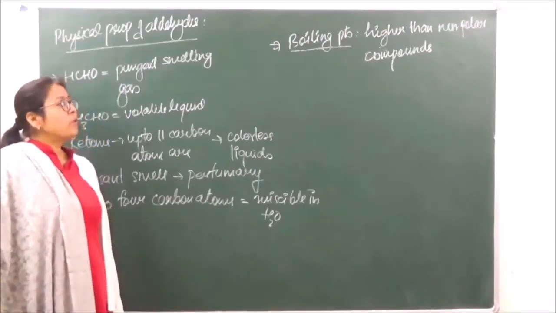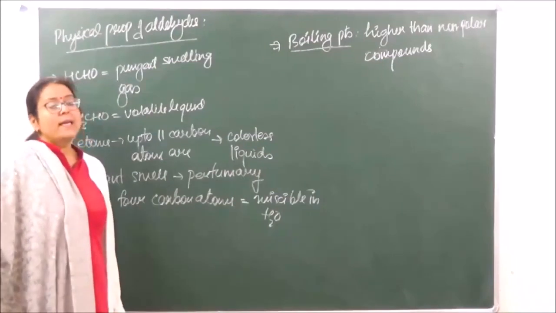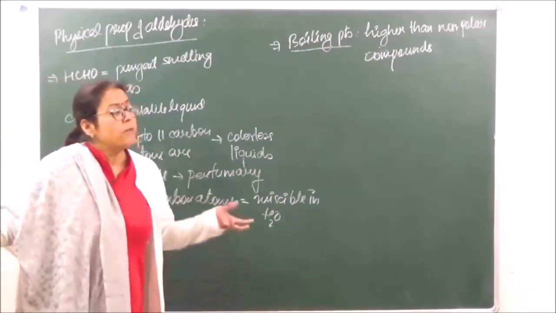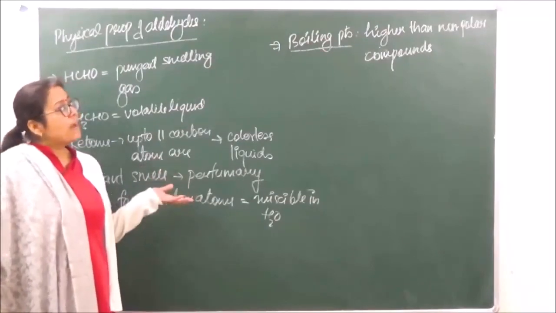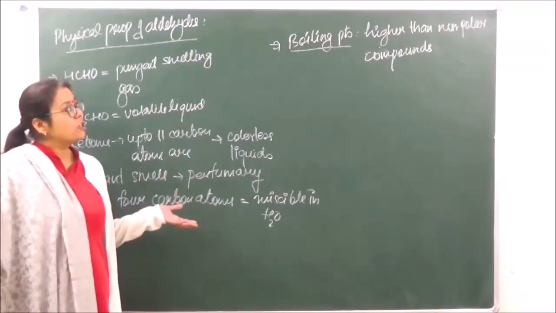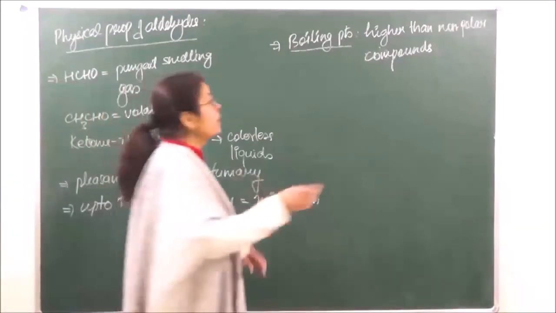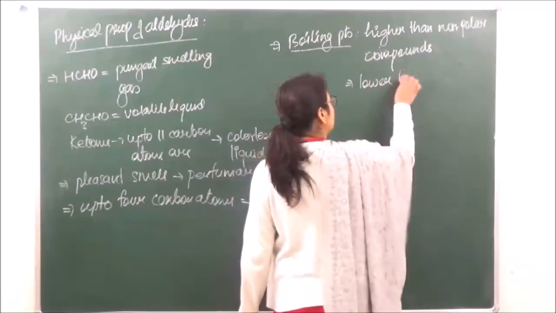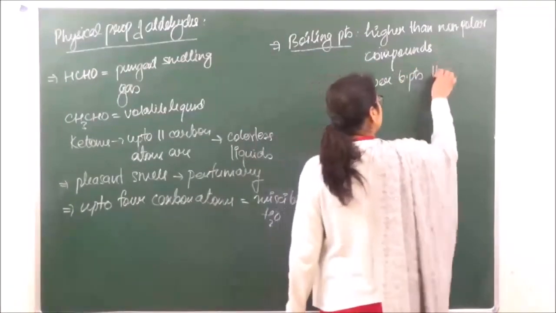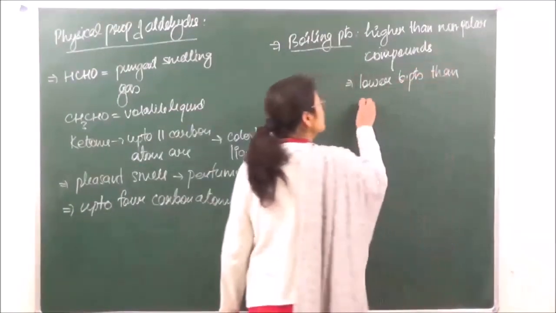Because of the net dipole, they exist as dipolar molecules. So they have higher boiling points than the non-polar compounds, but they are going to have lower boiling points than alcohols.